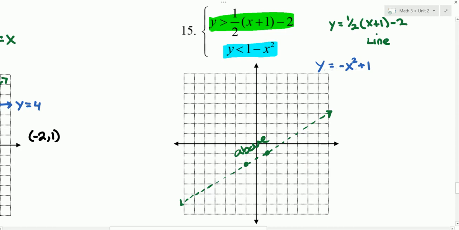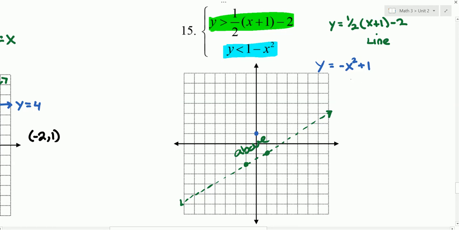This is the boundary line that I want to graph with the equal sign. It's a quadratic. The parent graph has been moved up 1, so I'm going to put a point right here because the parent graph goes through 0, 0. I've moved up 1, and I need another point that this goes through.